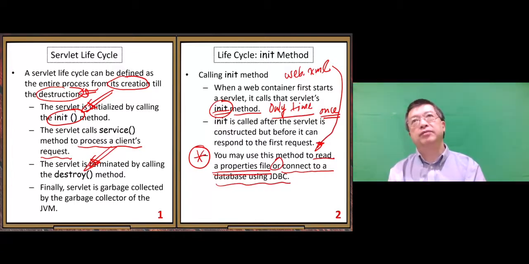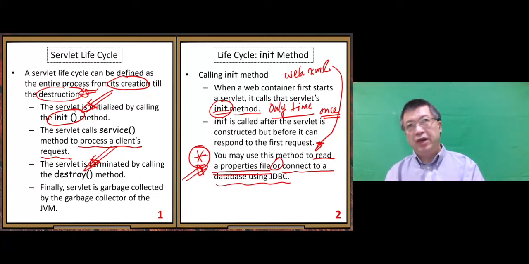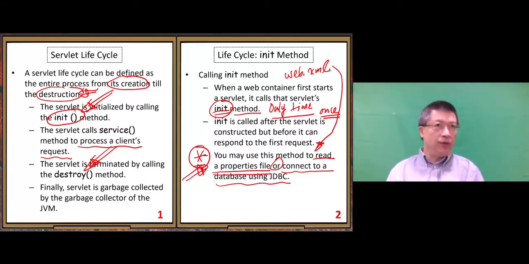Later, we will look at this problem many times, so the first time we cannot talk too much about it. You can do it, but it does not mean this is a good way to do it. This could be a bad way to do it.